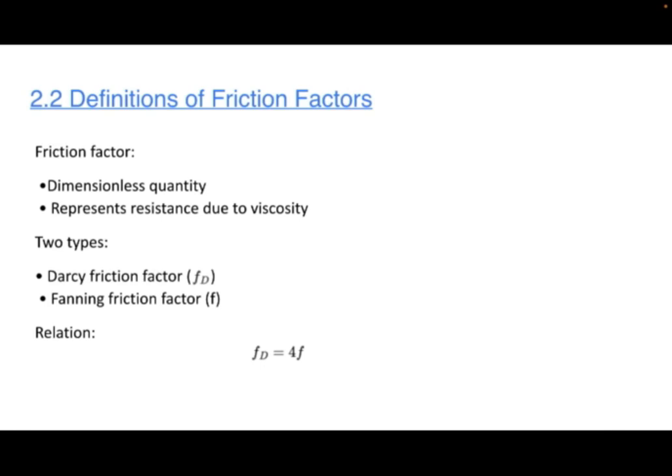Darcy friction factor is commonly used in engineering applications and is represented by the symbol F_D, whereas the Fanning friction factor, represented by F_F or simply f, is 1/4 the value of the Darcy friction factor, that is, F_D equals 4f.